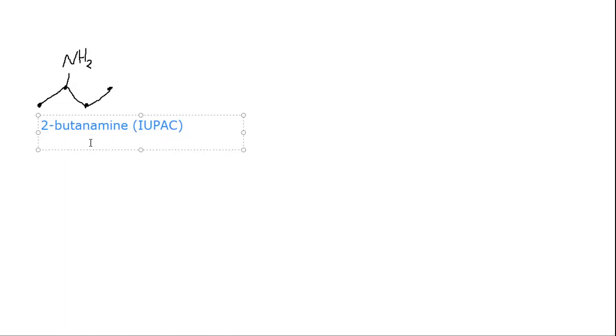The IUPAC name is 2-butanamine. Now, common name. Everybody is making mistakes on common name. Some people are forgetting about the location of the amine group. You can't forget about the location of the amine group.